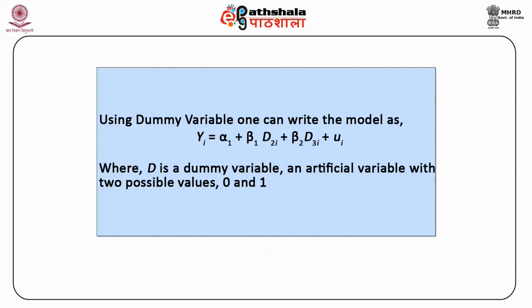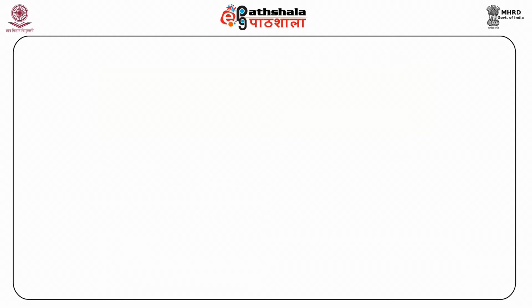Here, as shown by the equation, Y represents hourly wage, D2 is for marital status and takes value 1 for married and 0 otherwise. D3 is for region of residence and takes value 1 for South and 0 otherwise. μi represents the error term.